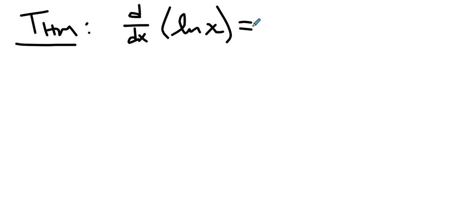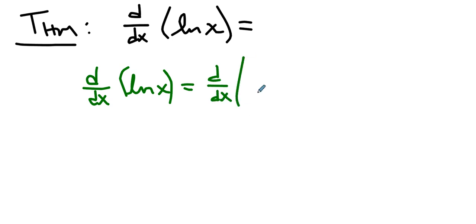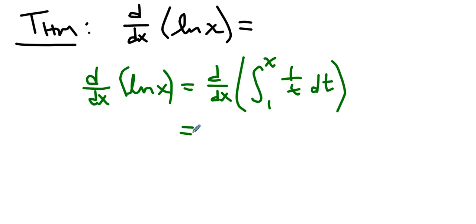is how to find the derivative of the natural log function. What is the derivative of the natural log function? Well, we can probably prove this without too much trouble. The derivative of the natural log function is the derivative of an integral from 1 to x of 1 over t dt. So now I have to remember the fundamental theorem of calculus part 1.